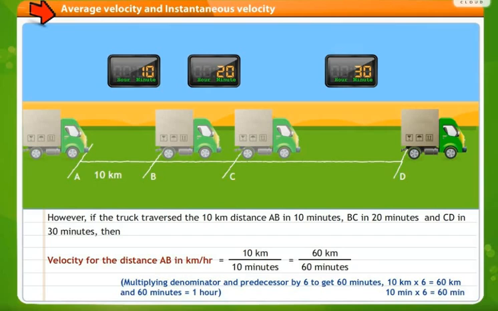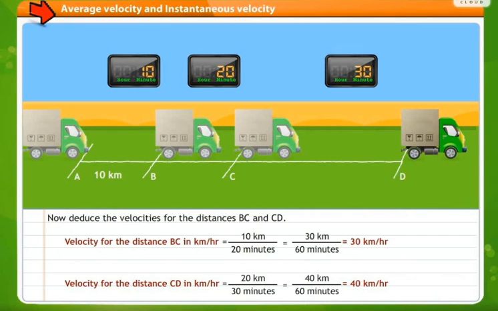We need the velocity in kilometer per hour. So 10 minutes has to be made into 60 minutes so that it becomes 1 hour. When we multiply 10 by 6, we have to multiply 10 kilometer also by 6, and that is how we get 60 kilometer upon 60 minutes, which is equal to 60 km per hour.